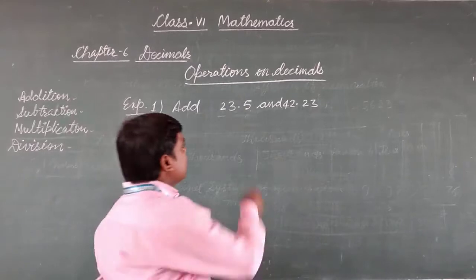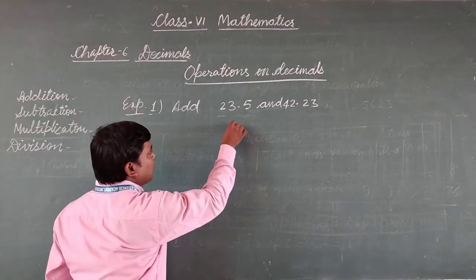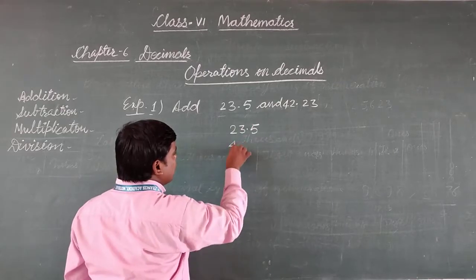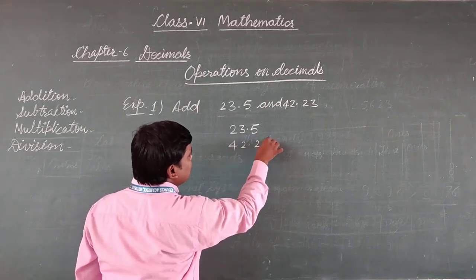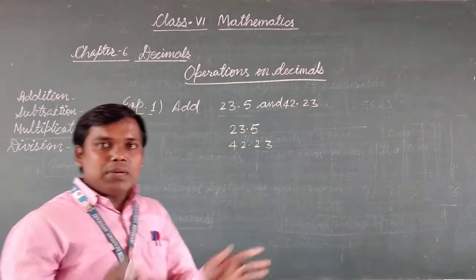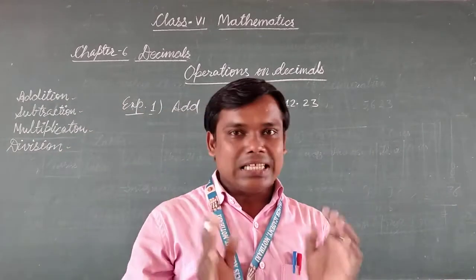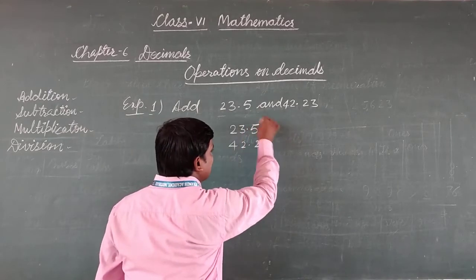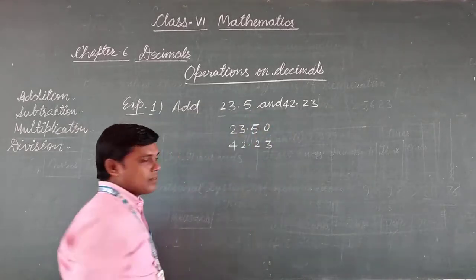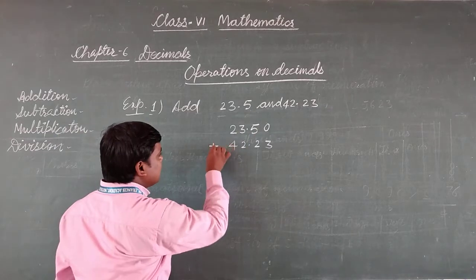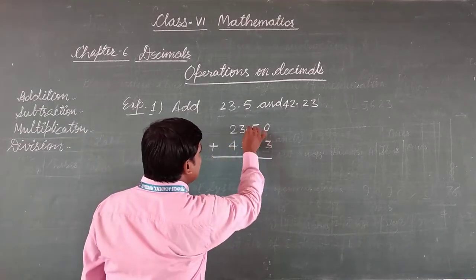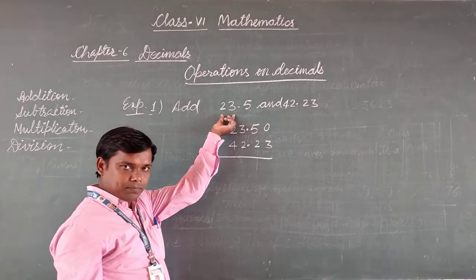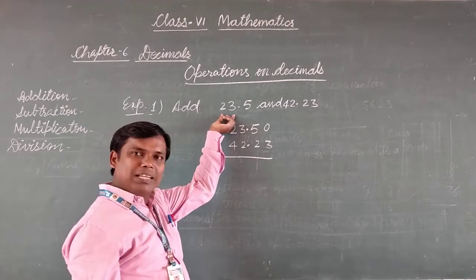As you are seeing here, we have two numbers: one is 23.5 and another is 42.23. These numbers are not like decimals, so we will put 0 here to make like decimals, and then we have to add. After putting the decimal point here, in the whole number there are two places.